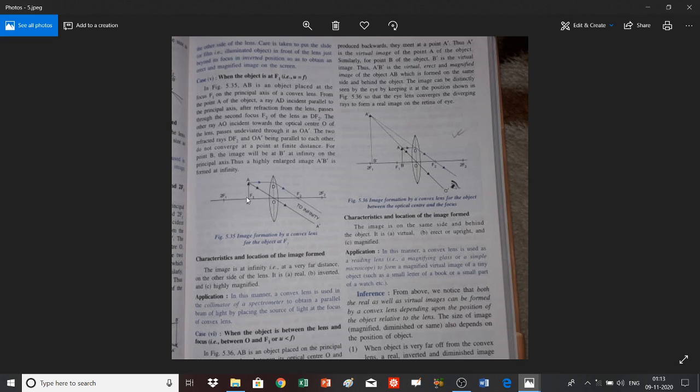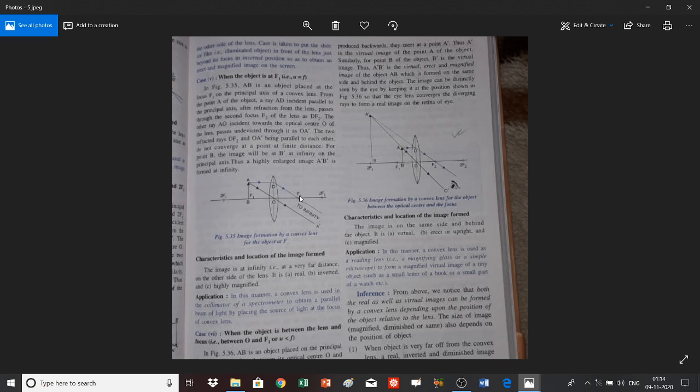Here is the object AB, and as we did in our previous cases, one ray should pass through the optical center and it will proceed in this way, because in this case this refracted ray will be undeviated. Another ray which is parallel to the principal axis, after refraction, will pass through which point?